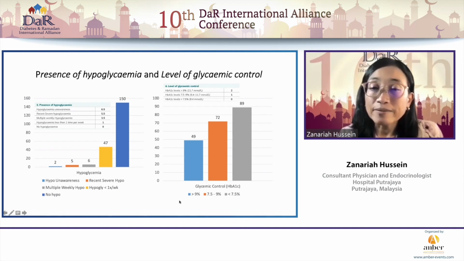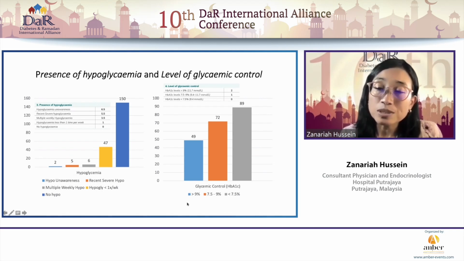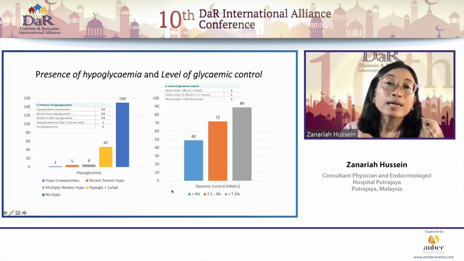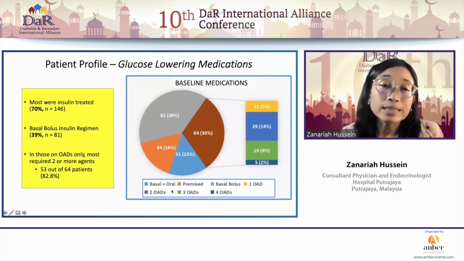And when looking at level of glycemic control, we can also see, according to the broad classification, that the majority had A1Cs above 7.5%, as seen here. And going on to their glucose-lowering medications, probably typical of a tertiary hospital setting.